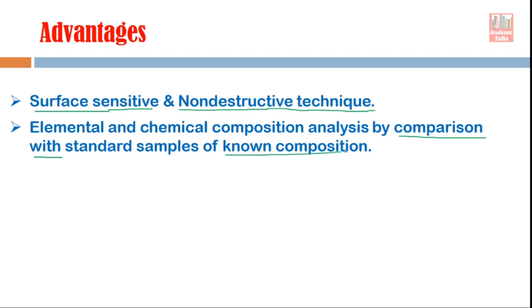So first we should have standard samples where we know the composition. We do the Auger electron spectroscopy analysis on those samples. We have the spectrum with us. Now this spectrum will act as a standard. So now we will go to the unknown samples, we will obtain its spectrum, we will compare that spectrum with these standard samples, right, and that way we can identify what kind of element or what kind of chemicals are present on the sample surface.